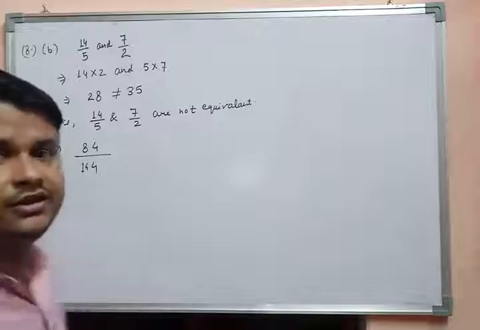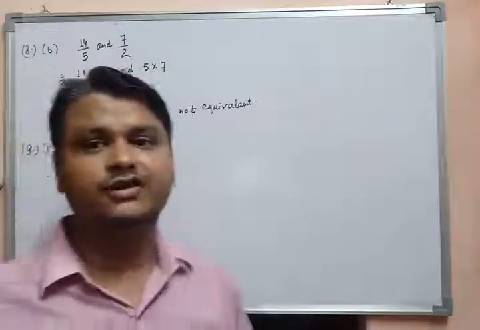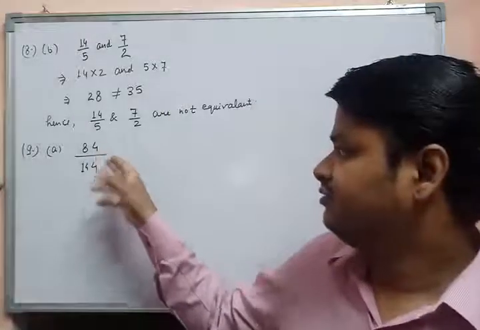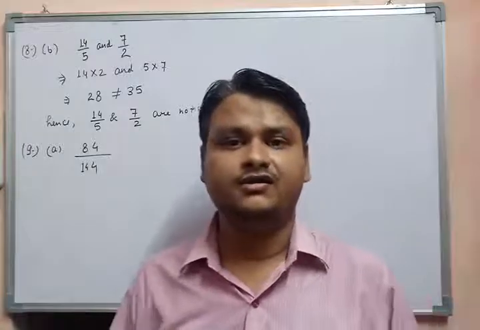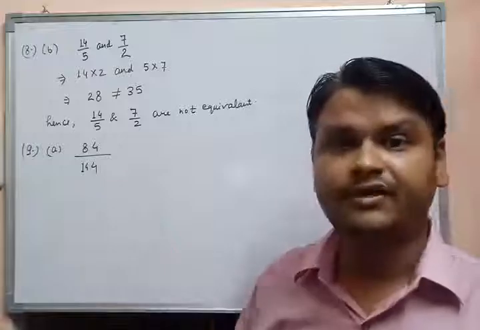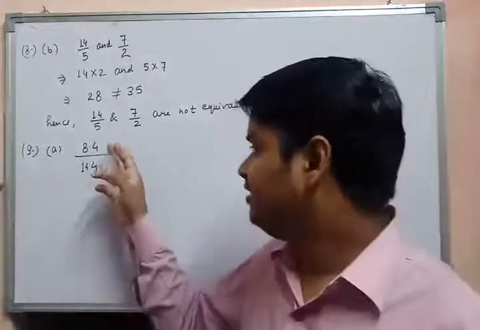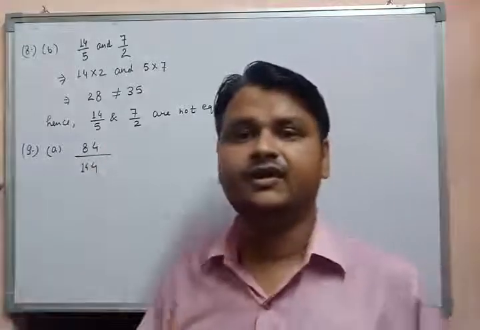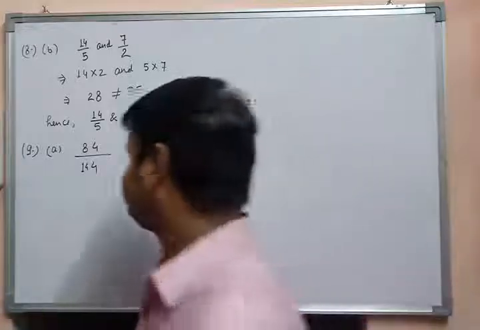Students, there are two methods. If you want to find the standard rational number in quick time, then you have to cancel both the numerator and denominator by their common factor. And the second method is, first of all you have to find the HCF, and after that you have to divide both the numerator and denominator by the HCF, and then you will get the standard rational number of this rational number.